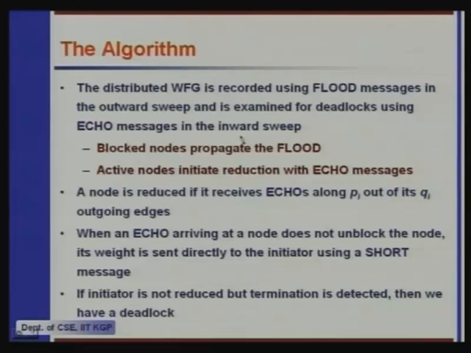What is a short message? It is the control message which sends the weight back from a node to the controlling agent. So short messages will be used by individual processes to send their weight back to the initiator. Now let us dive into the algorithm.